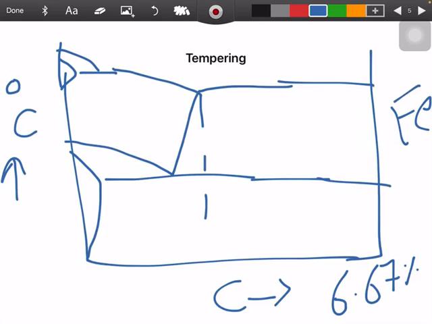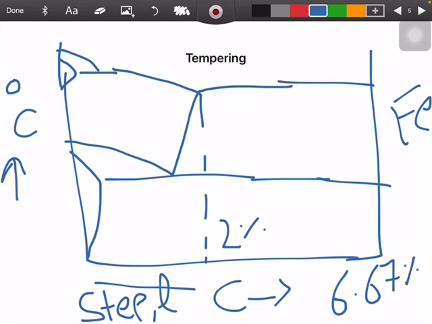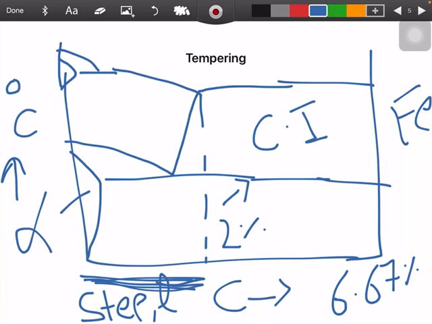Up to 2% that is called steel, and above 2% it is called cast iron. In steel, we mostly deal with steel in oil and gas industries and many other industries. So there are different phases: alpha ferrite is there, austenite is there, and pearlite. These are different structures.